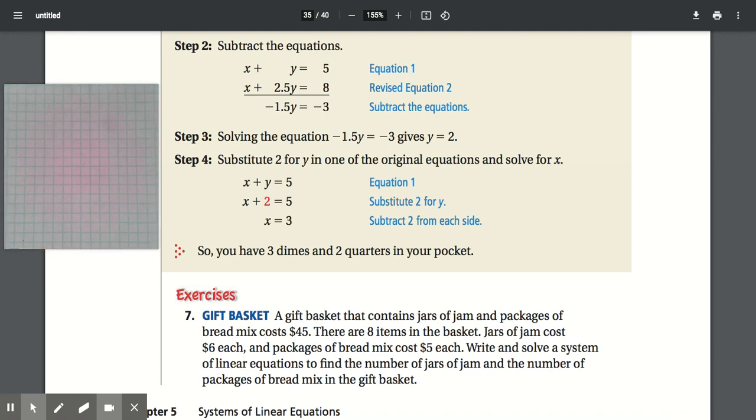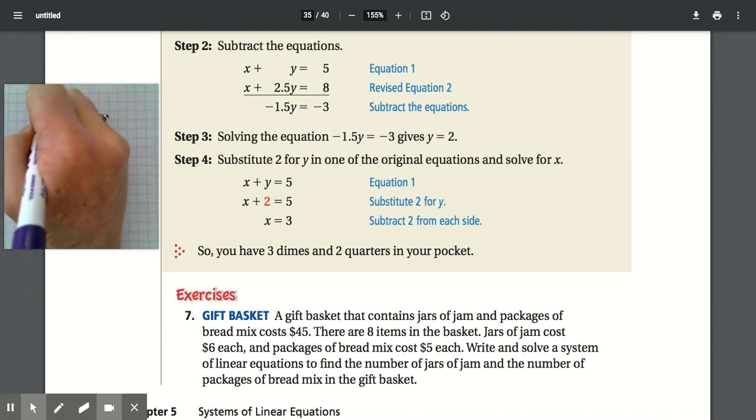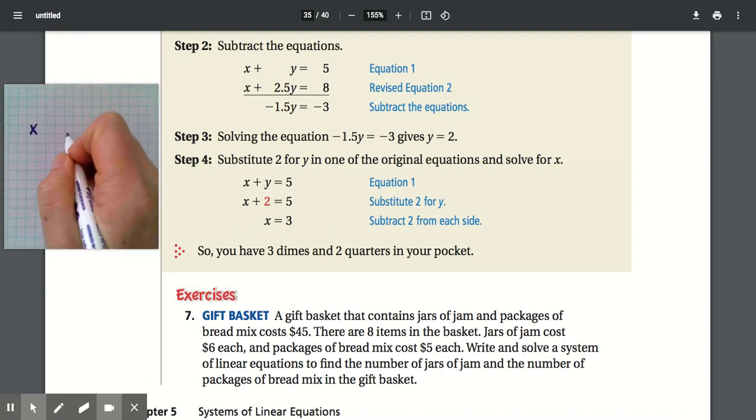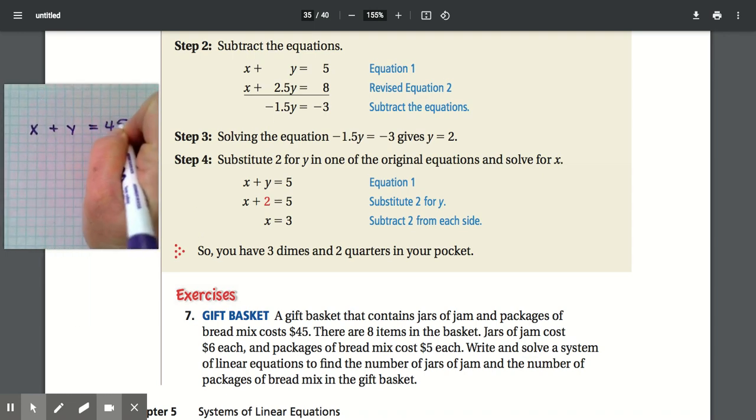So you have a gift basket, you have jars of jam and packages of bread mix. This sounds like Aladdin. Okay, so let's say we have jam, that's x, and we have packages of bread mix. Let's have that be y, and the total cost is $45. Now there are 8 items in the basket.